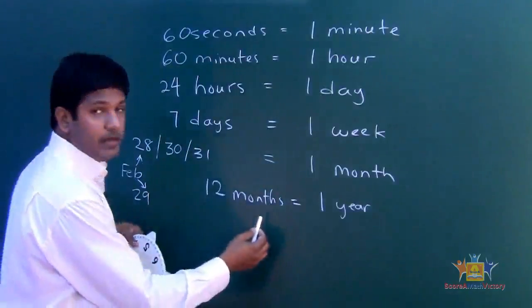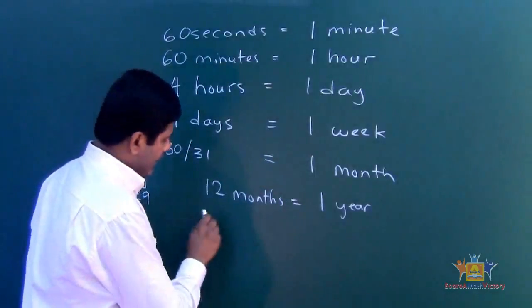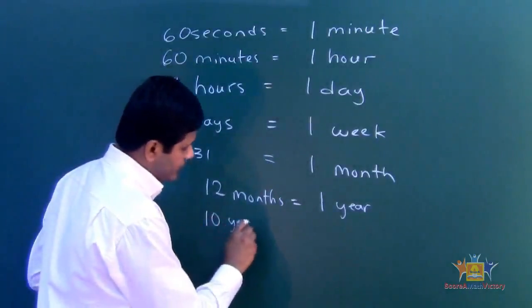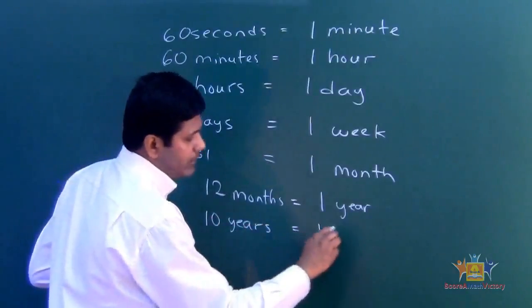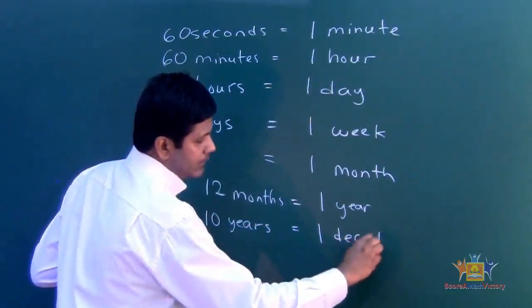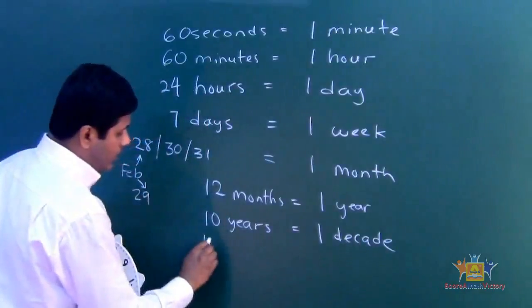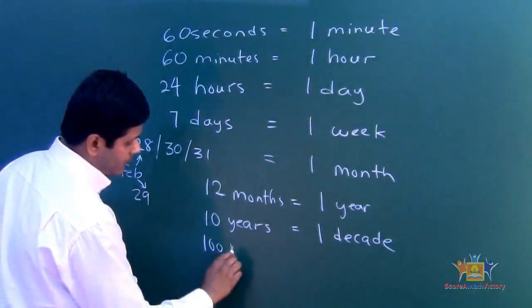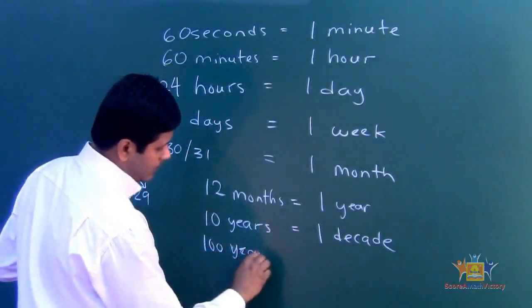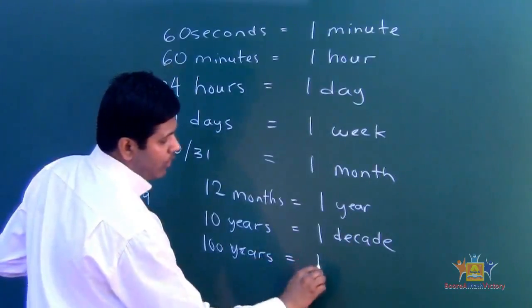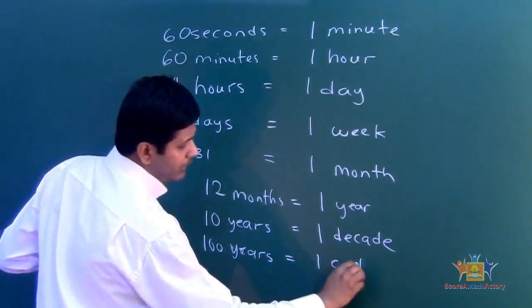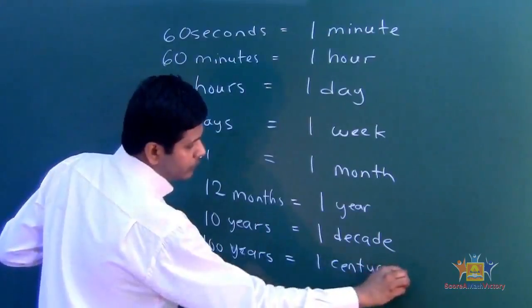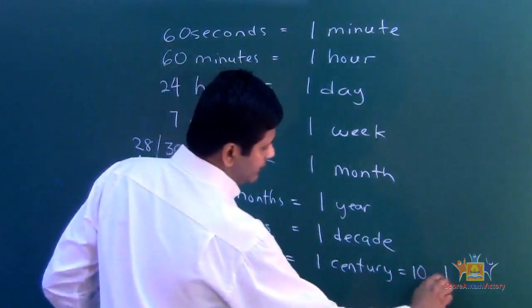Alright, so 12 months makes 1 year, and then 10 years makes 1 decade, and 100 years makes 1 century, which is also 10 decades, okay?